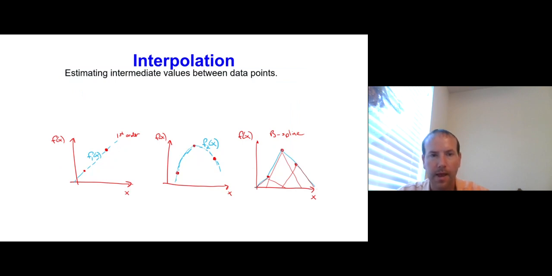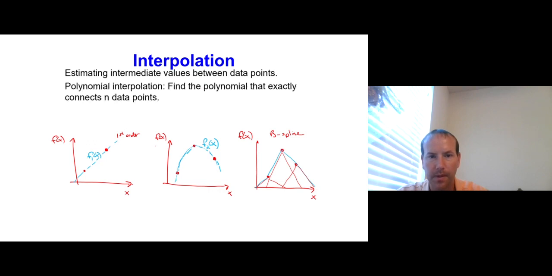So interpolation is about estimating intermediate values between data points. And there are two types of interpolation. One is polynomial interpolation. In polynomial interpolation, we're finding the polynomial that exactly connects n data points. So if we have n equals 2 data points, we can interpolate or estimate the line that exactly connects those.